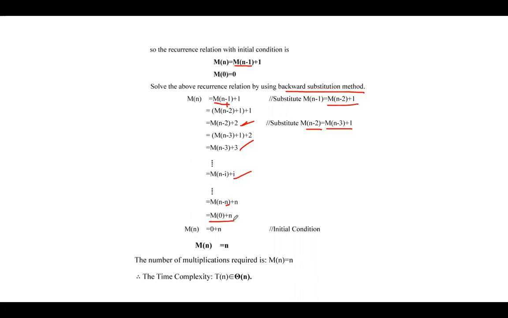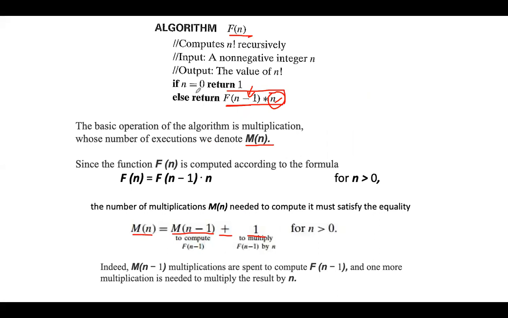M(0) plus n. What is M(0)? Here we have written it as 0. What is that condition, M(0)? In the algorithm, M(0) is factorial of 0. When you come to factorial of 0, that is n equal to 0, return 1.